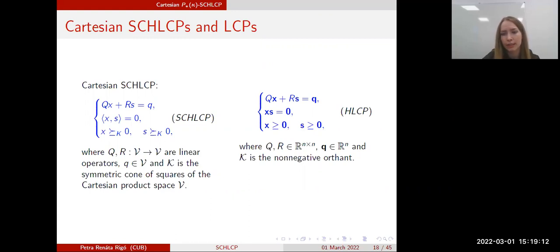And here we would have X transpose S, but because of the non-negativity of X and S, this will be equivalent to XS being equal to 0, so to this component-wise product. And if we substitute here, instead of R, the identity matrix, then we get back the standard LCP as well.